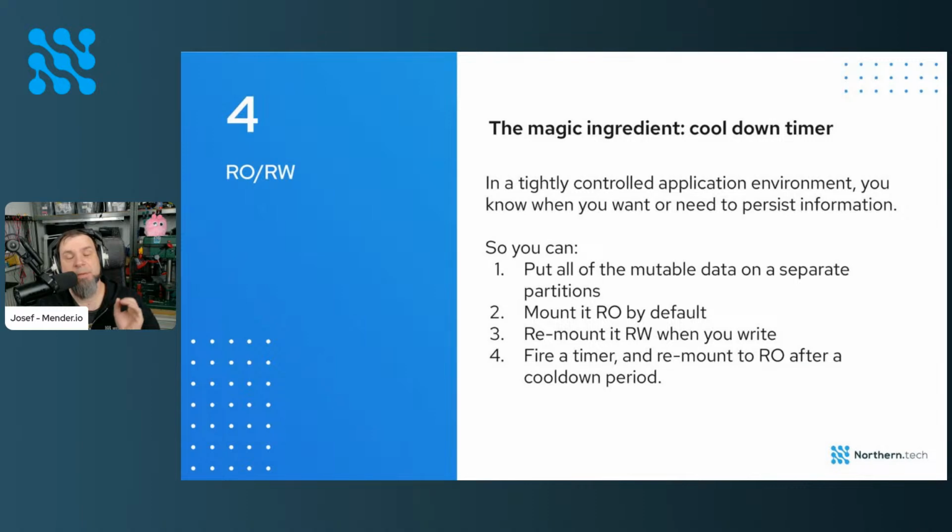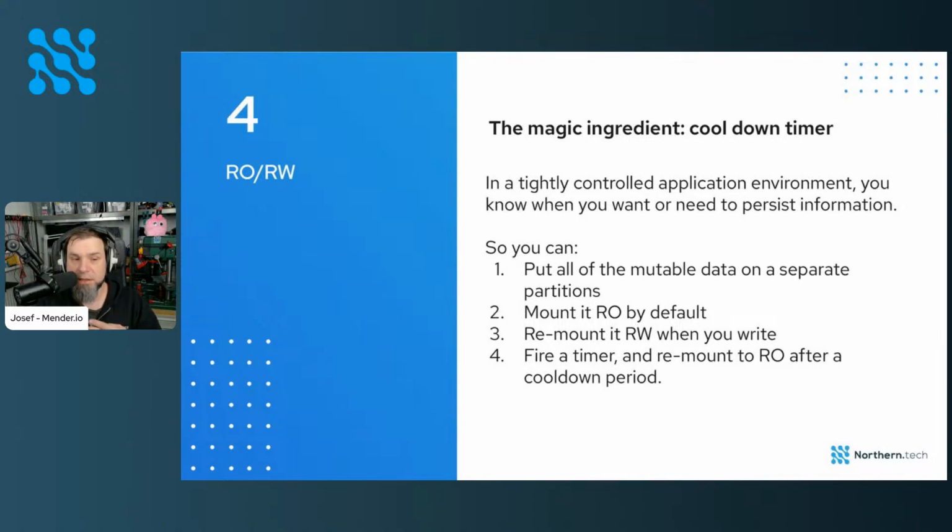The trick here is, in an embedded application environment, you usually know when and what you write because you control the application, right? If you use some magic frameworks or just pull in random stuff, well, maybe not so much. But for a classical embedded device, you know, hey, now my application needs to configure something because it happens through the UI or through the web interface.